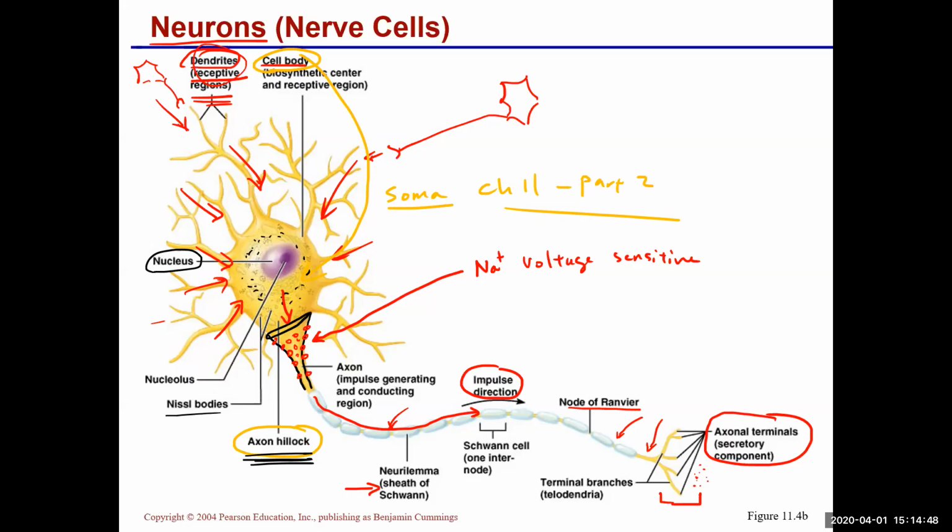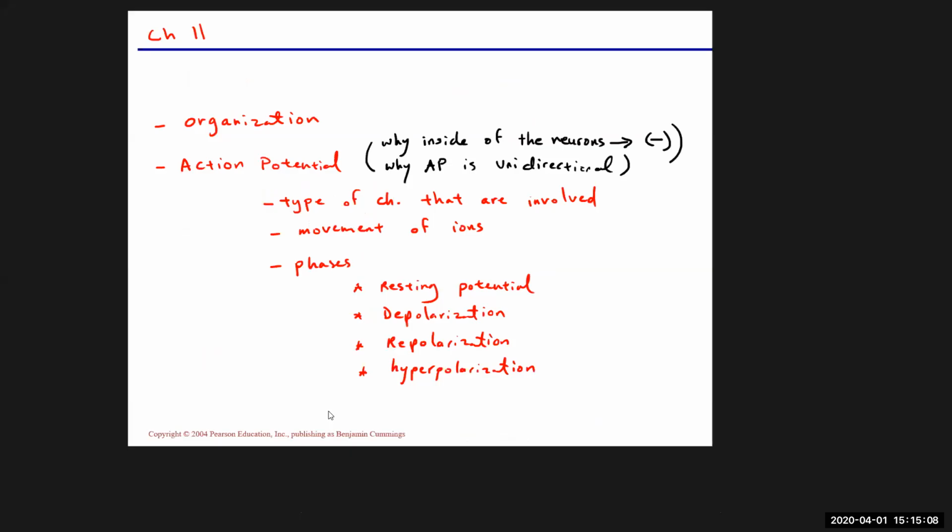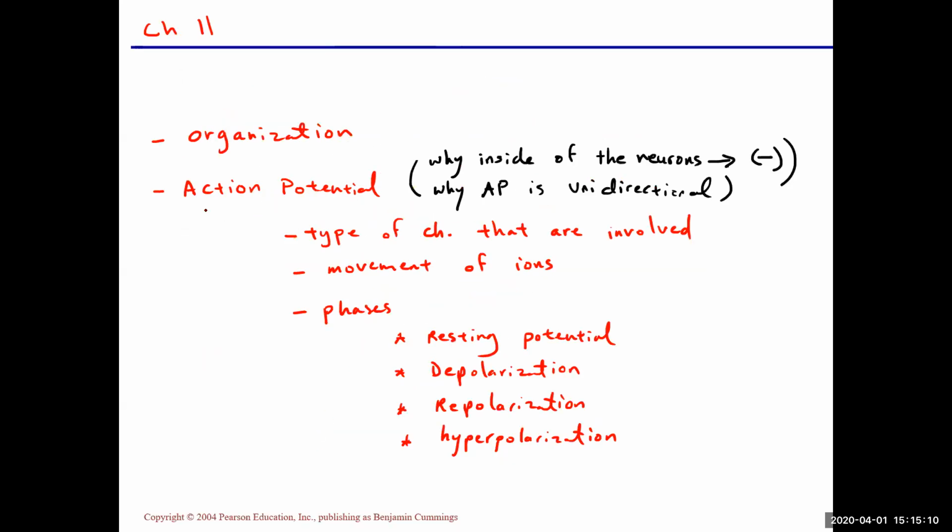What we would like to do now is take a look at the types of channels in different areas. I think that might be important to know. So in other words, if we take a look at our organization, we're pretty much done.